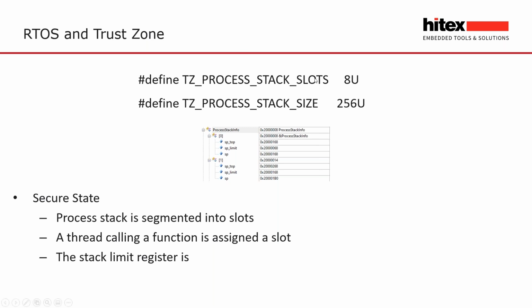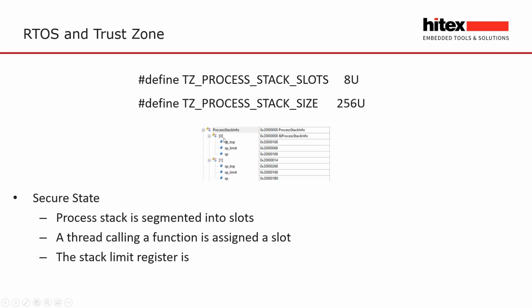This will be the same number as the threads that are going to make calls into the secure world. And then each of those slots is given an arbitrary number of bytes, so that's up to you. And then we have an array of structures that are used to manage those slots.